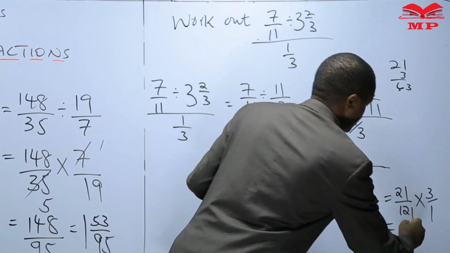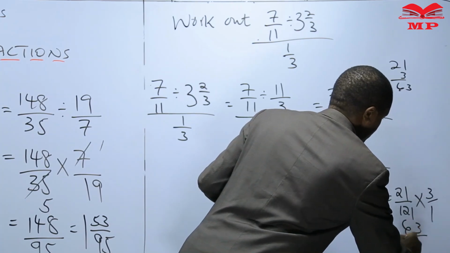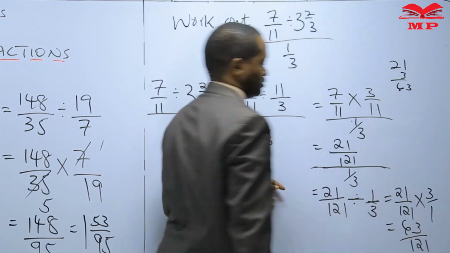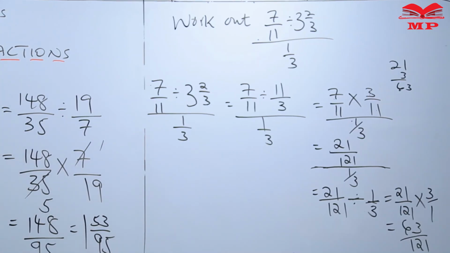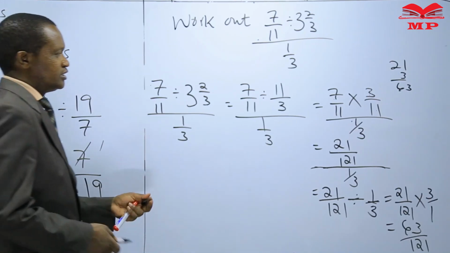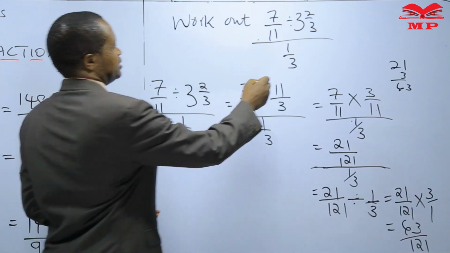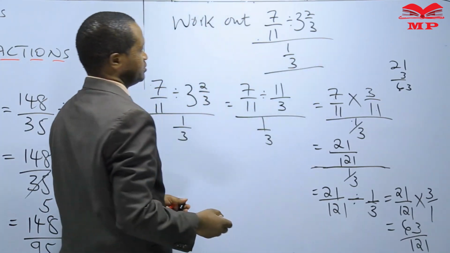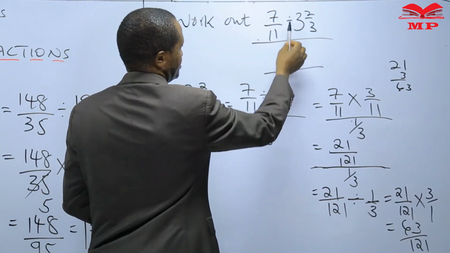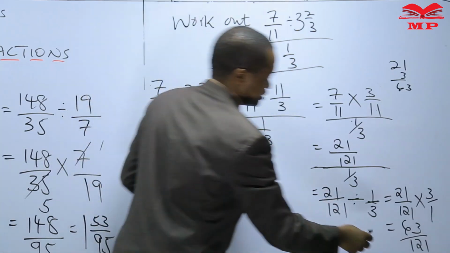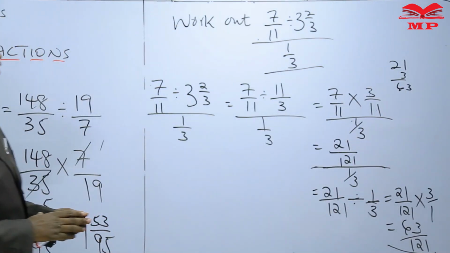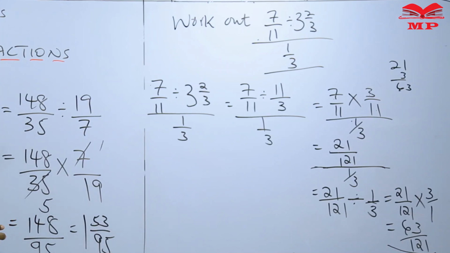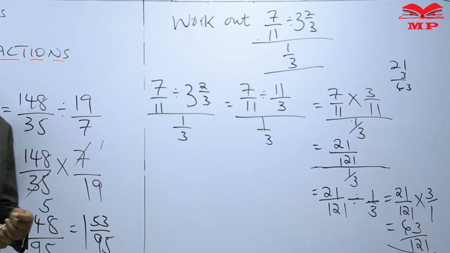This is 63 over 121. 63 over 121 is the answer here. We have divided this by 1/3, and the answer is 63 over 121.